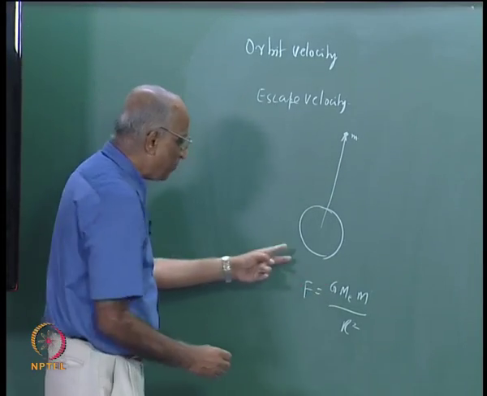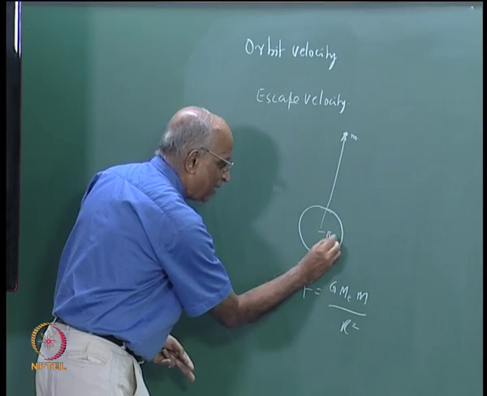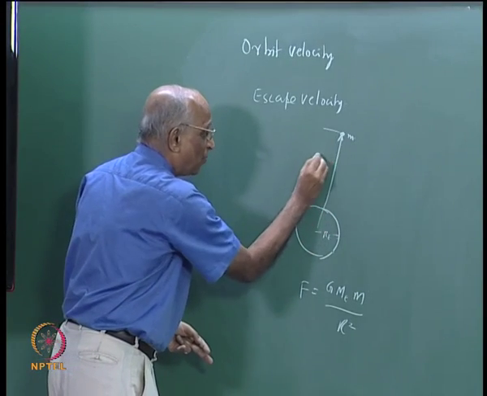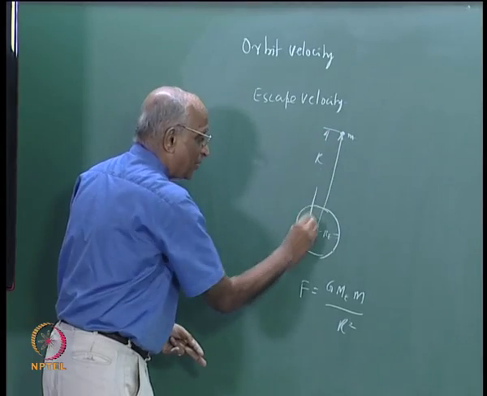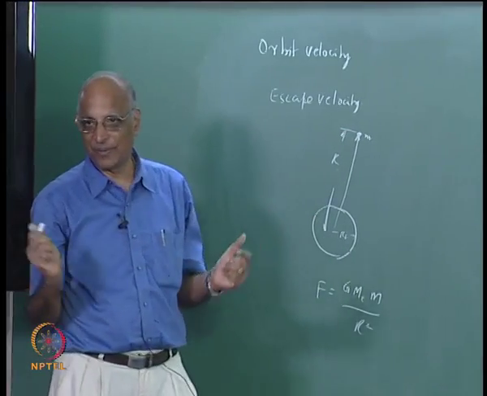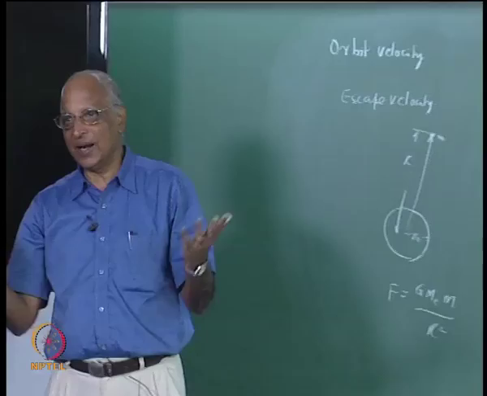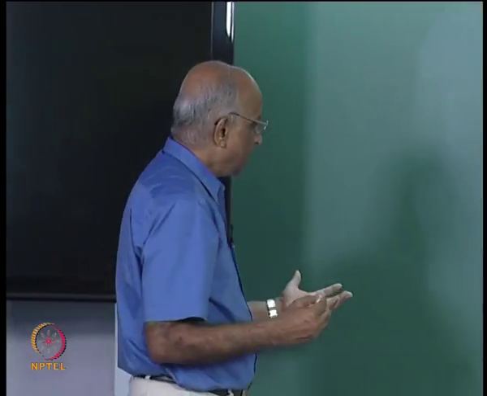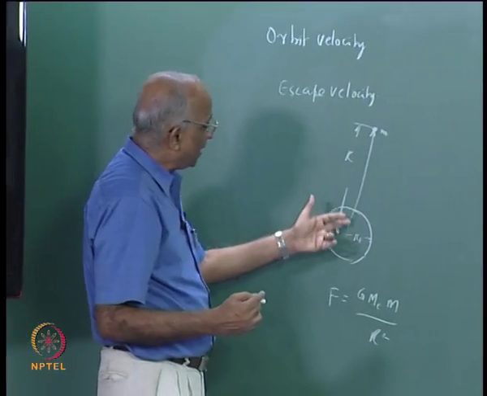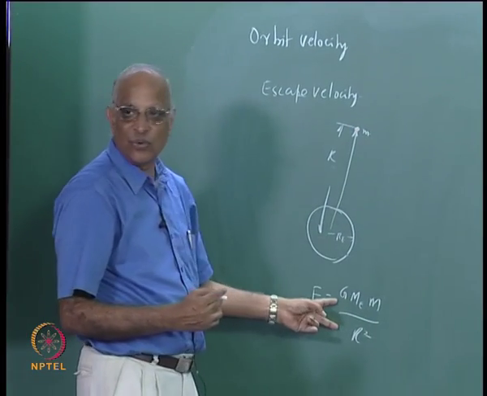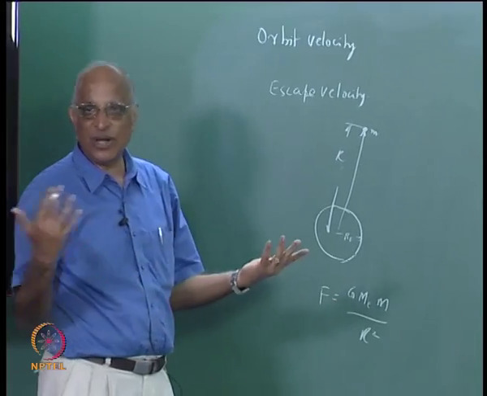Maybe this is radius r_e; I want to find out the radius at which I can escape from the earth, and I have to give the corresponding velocity, and that velocity becomes the escape velocity. Therefore, escape velocity is the velocity required such that I escape from the attractive force of the earth. What must be the value of r to escape?